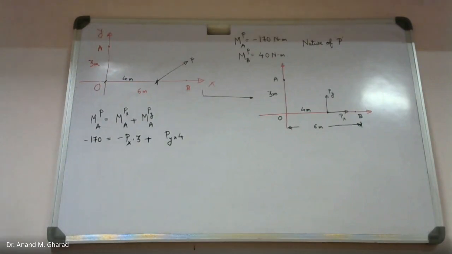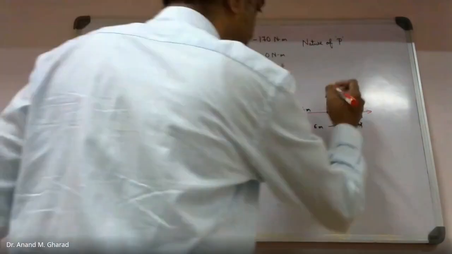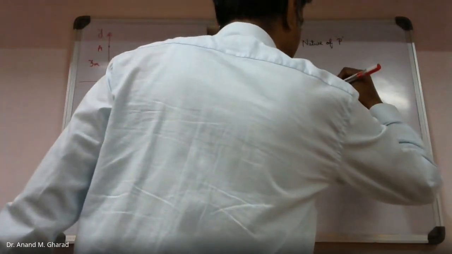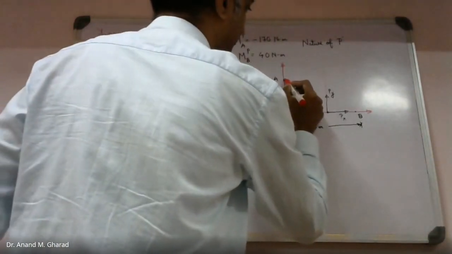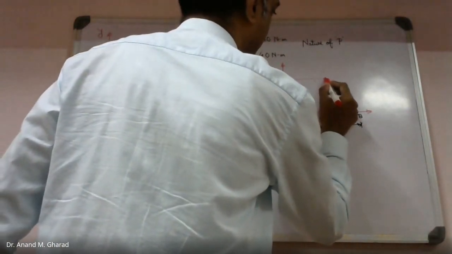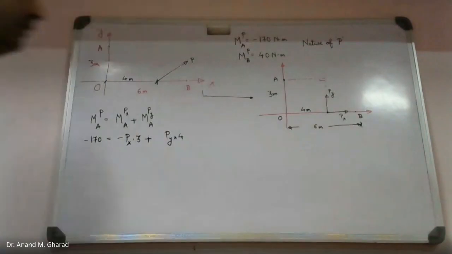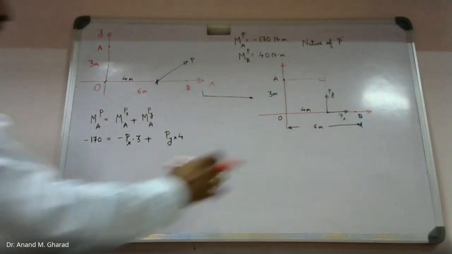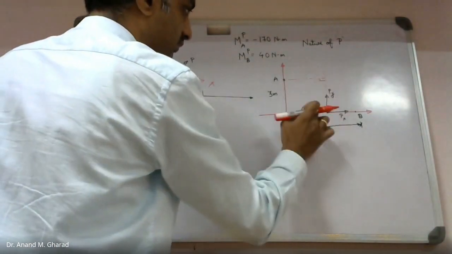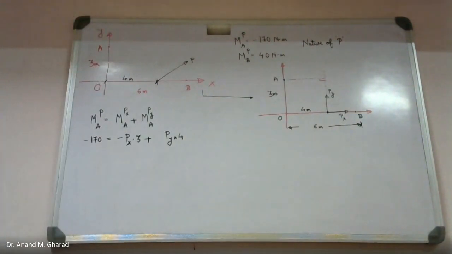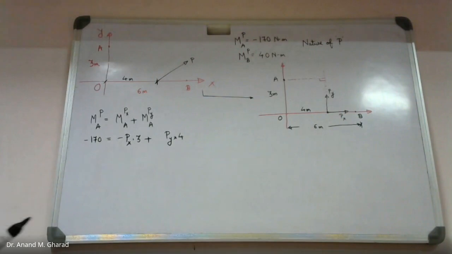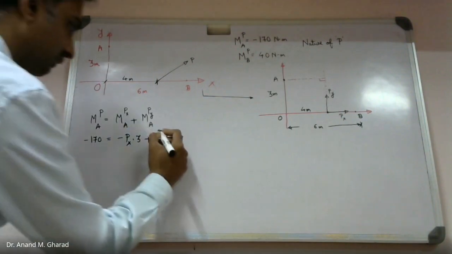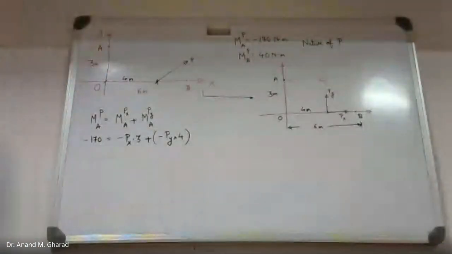In order to understand this, I will extend the line of action of this force Py, and I will drop a perpendicular. So if you see the distance, this is 4 meter. But how is it rotating about point A? It is rotating in the anti-clockwise direction, and therefore this shall be minus.